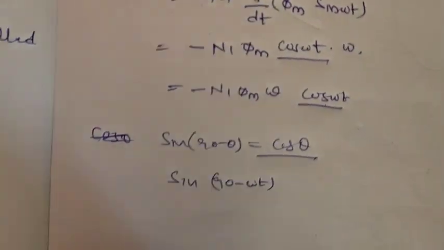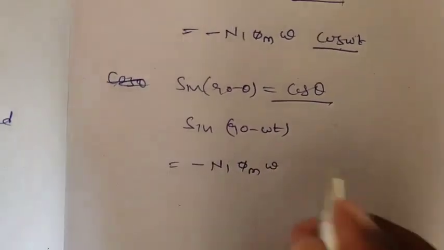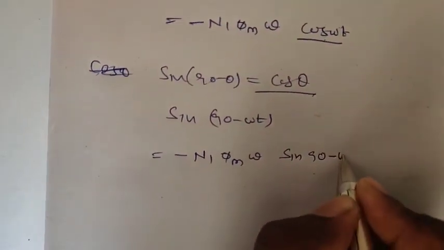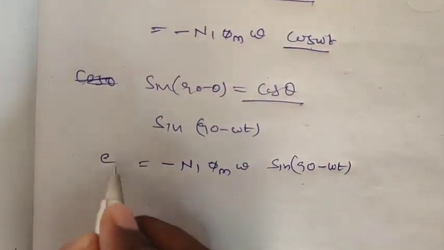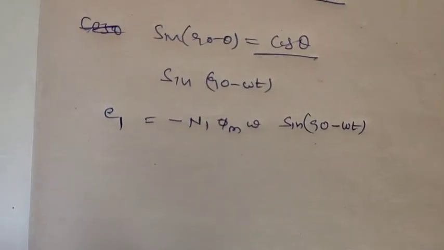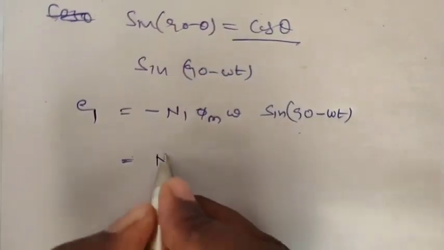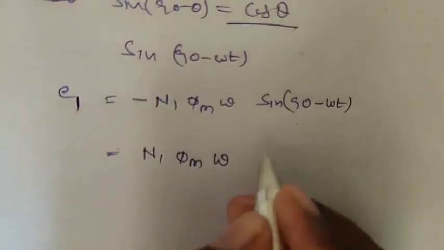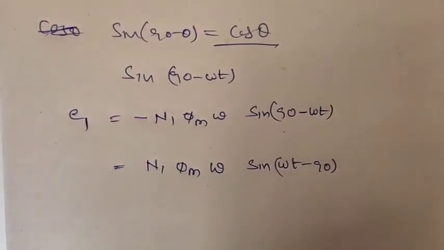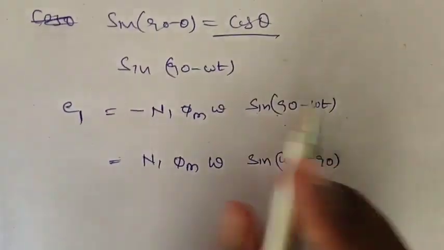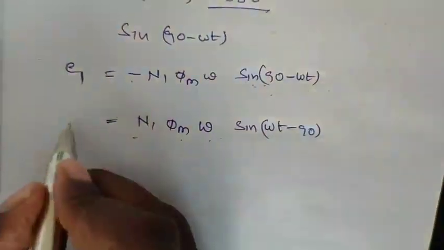So this is minus N1 Φm omega sin(90 minus omega t), the induced EMF E1. Replacing in reverse order, minus into minus is plus: N1 Φm omega sin omega t.